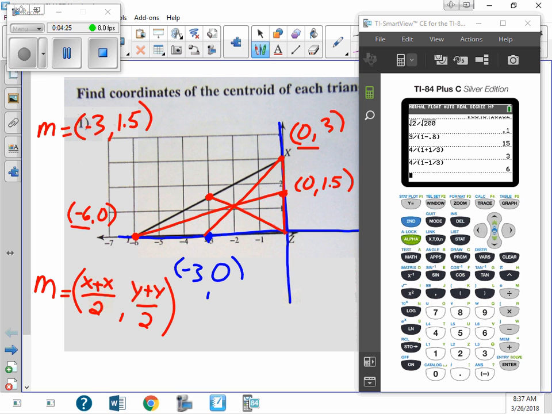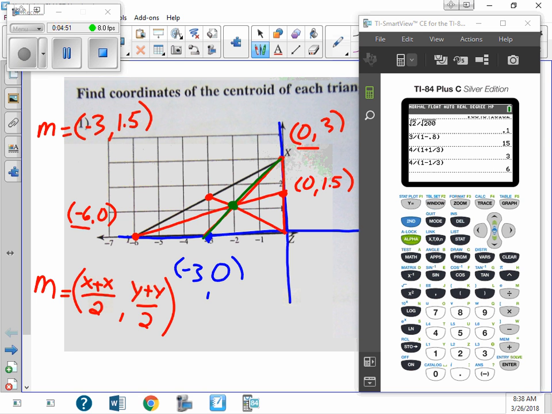So let's pick a median. So this median and the centroid, what do I know? The short side is 1/3 of the entire length, right? The long side is 2/3 of the entire length.